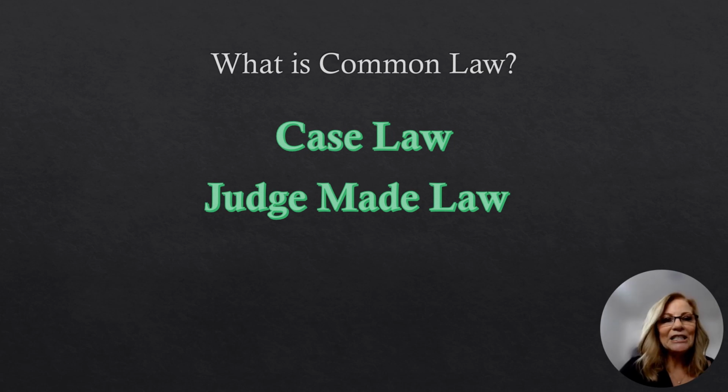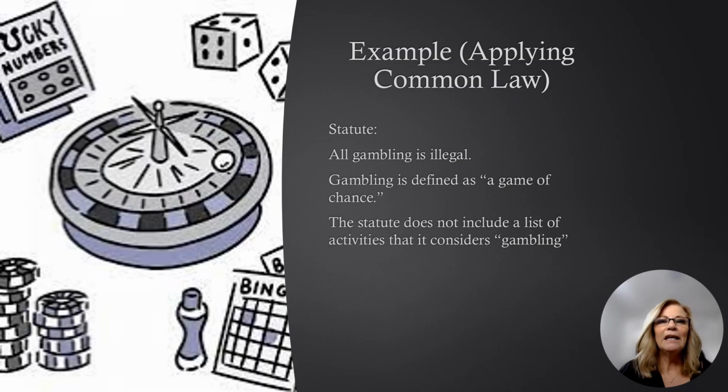So let's use an example because I think it'll be easier. And this is just a total hypothetical that I made up. So let's say we have a statute that says all gambling is illegal. And gambling is defined as a game of chance. But it doesn't include a list of activities that's considered gambling. It doesn't say dice and bingo and roulette and poker, okay?